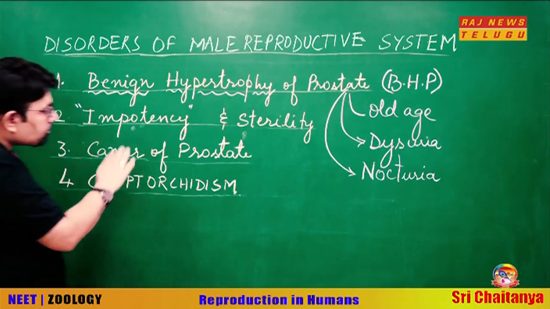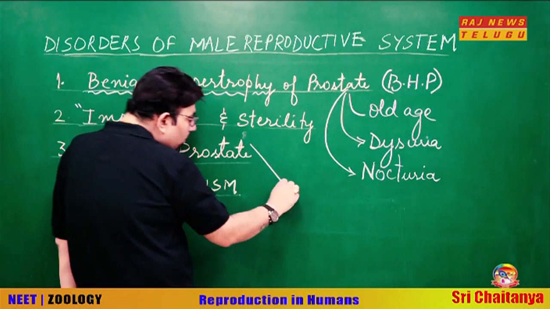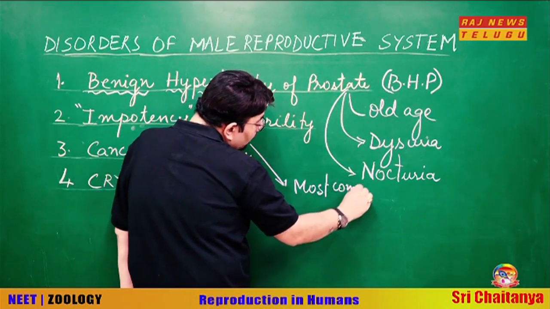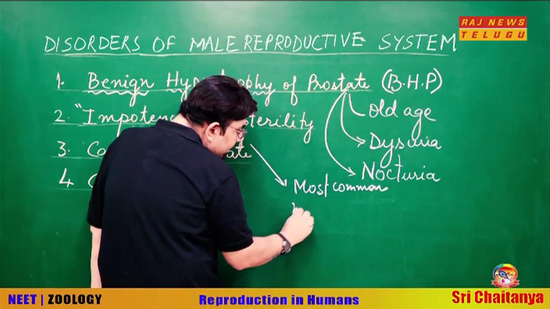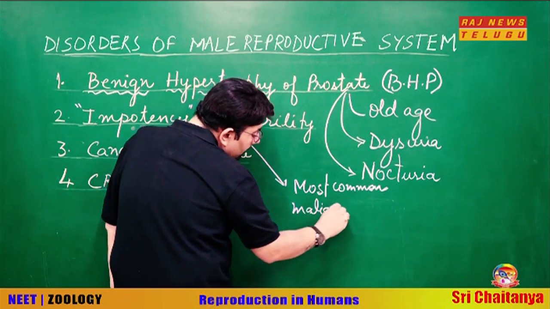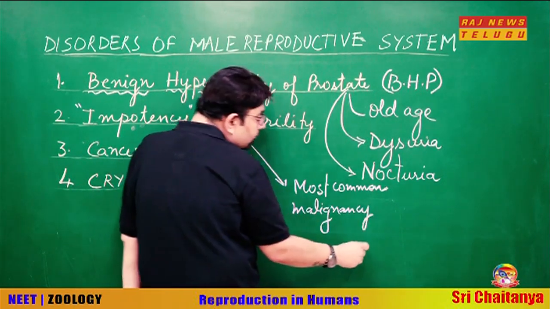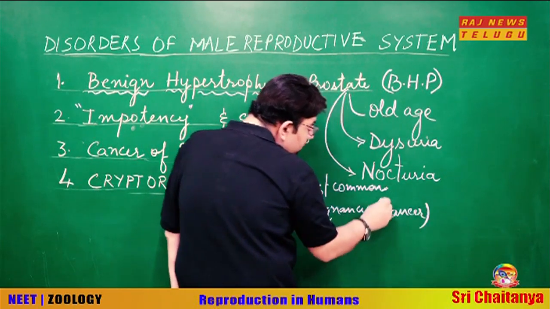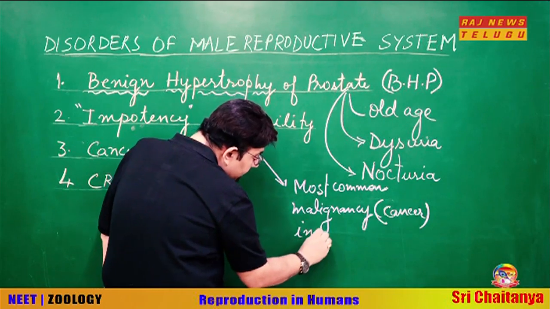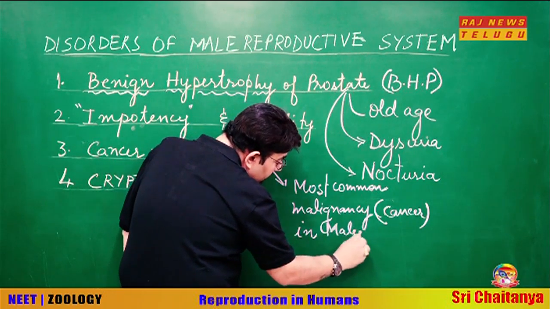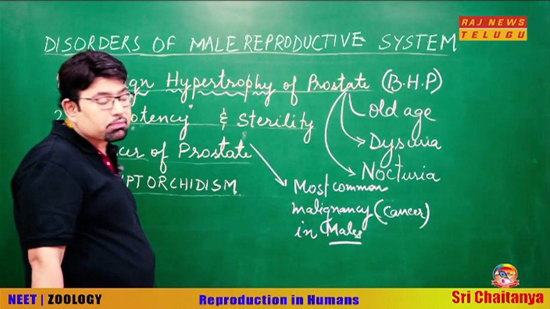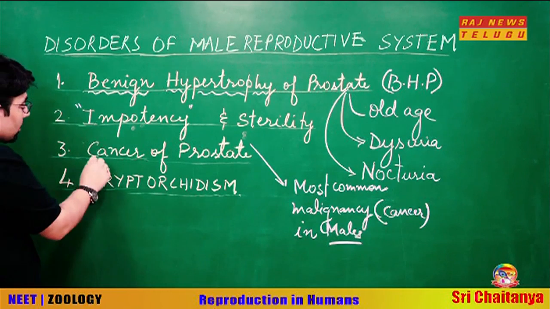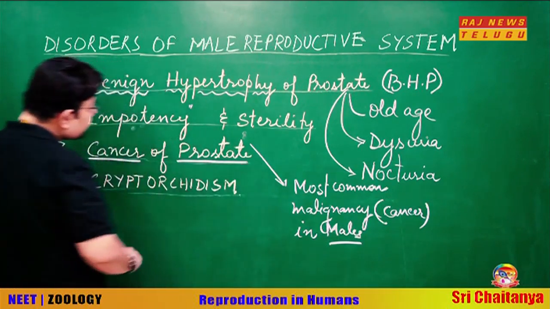Cancer of the prostate, the most common malignancy. Malignancy is another term for cancer. The most common malignancy in males these days is prostatic carcinoma, cancer of the prostate.